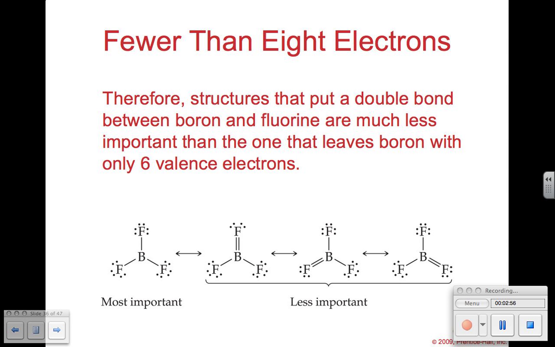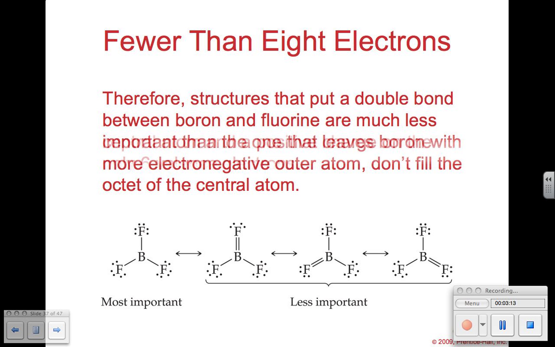Boron is really copacetic just having 3 bonds, no lone pairs, no additional electrons around it. And then all the fluorines also have formal charges of 0. So it works quite well when you do it that way.